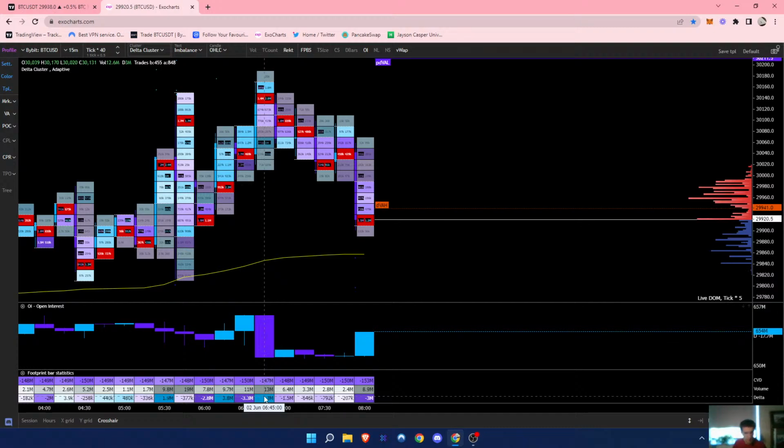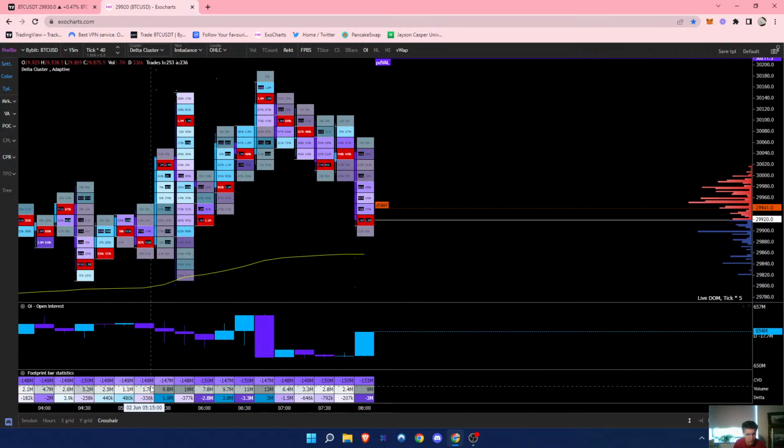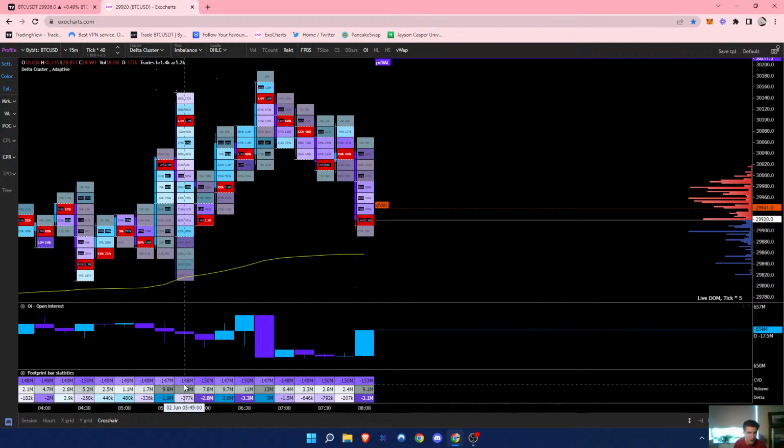Exocharts does a very good job of highlighting this. My delta clusters in the footprint bar statistics will turn a dark gray color, and the more volume there is, the more it will highlight it.